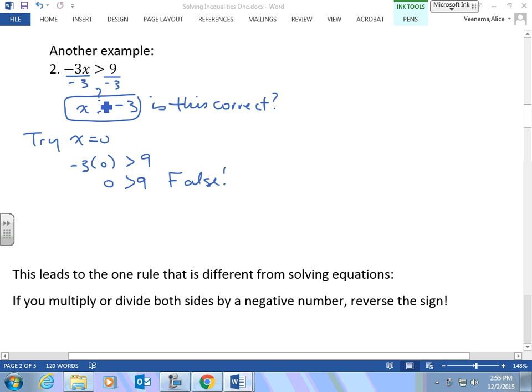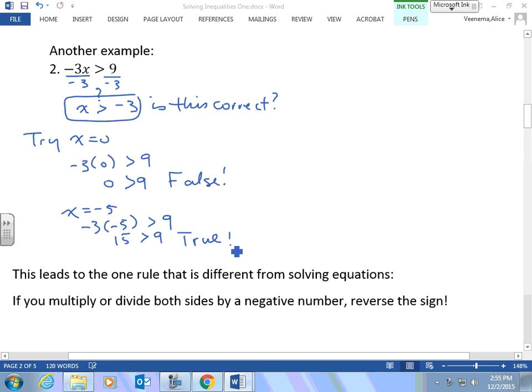Okay, let's try something that's less than -3. So let's try x equals -5. If I plug that into the original, I'll get -3 times -5 is greater than 9. And so that's +15 is greater than 9, which is true.